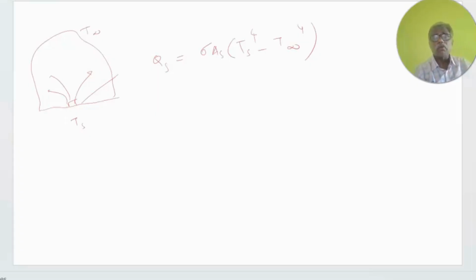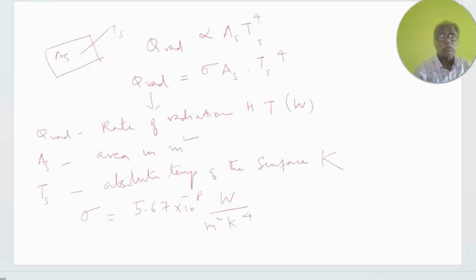Here also this should be in Kelvin, and these are all called black body. These equations are used for a black body. The equation we wrote in the last slide is called Stefan-Boltzmann's law.